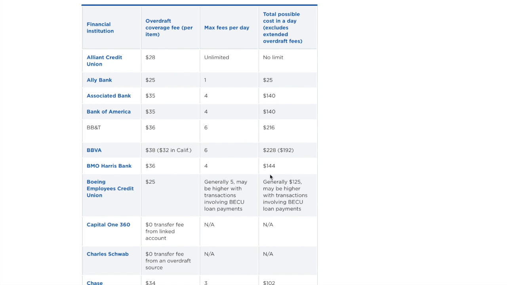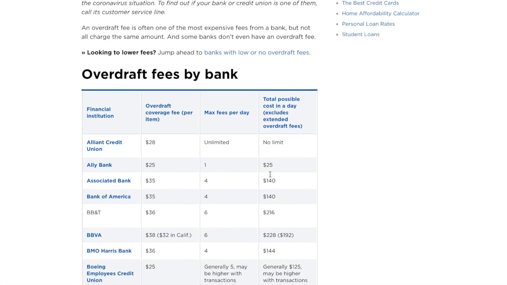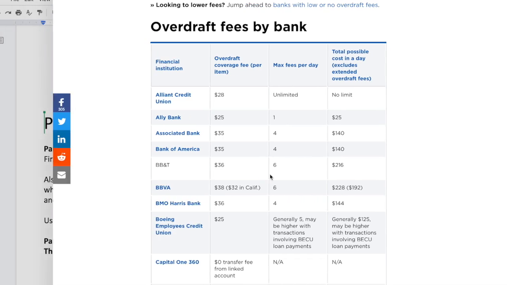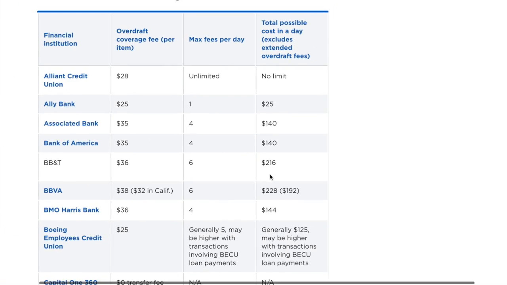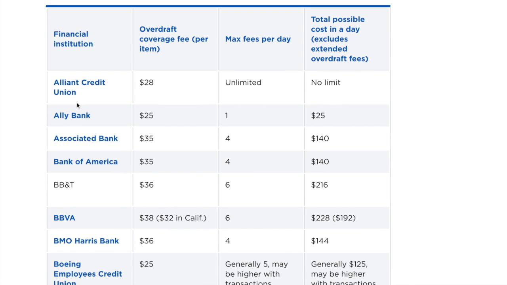Alright, so when you open the first chart, it gives you the name of the bank, and then the first column tells you the overdraft coverage per item, the middle column tells you the maximum fees per day, and the third column tells you the total possible cost. For example, for the first bank there's a $28 fee, and there's an unlimited amount of fees that you could pay per day, so that's not good.